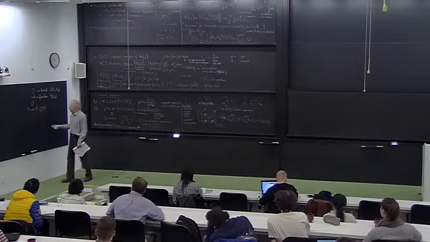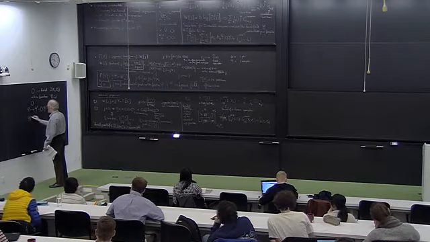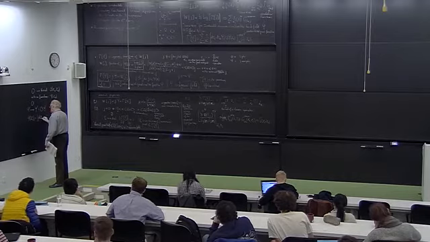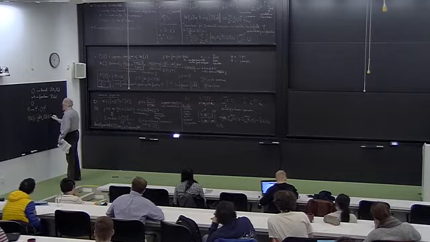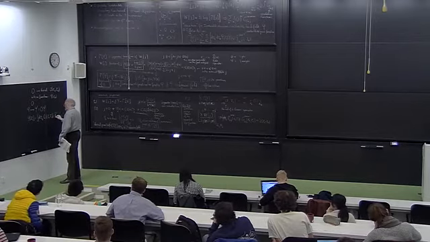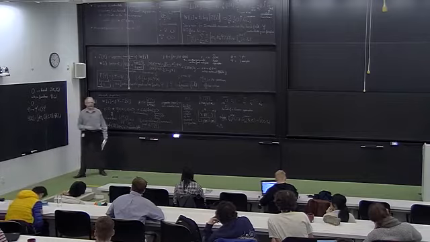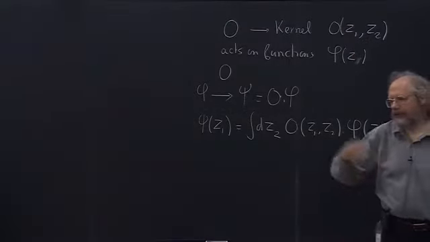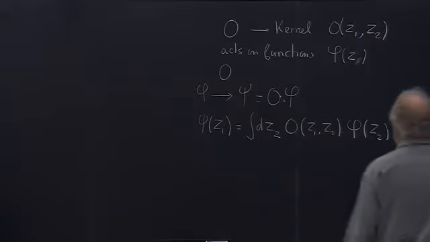This function at the point Z1 is the integral over dZ2 of the kernel O of Z1, Z2 times the original function at the point Z2.